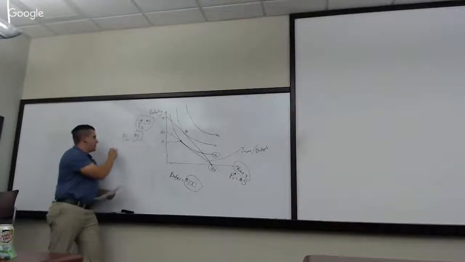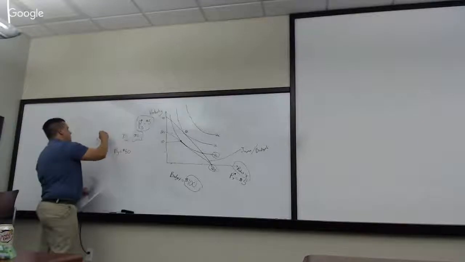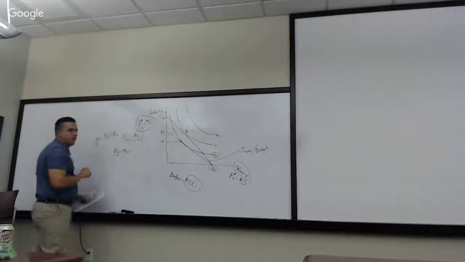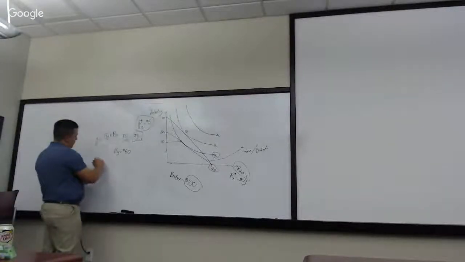So our budget for Y is going to be $50. And our overall budget is going to be equal to our budget of Y plus our budget of X. And so we can plug this back into this equation. Our overall budget is $100. Our budget of Y is 50.